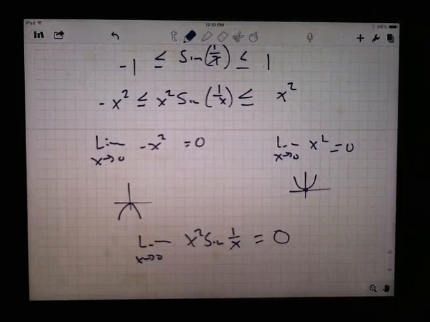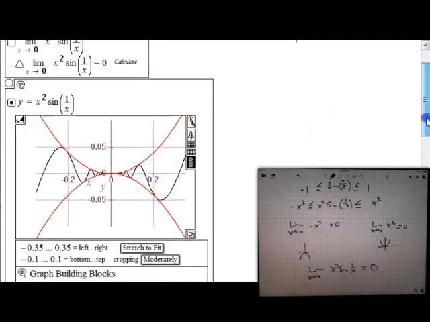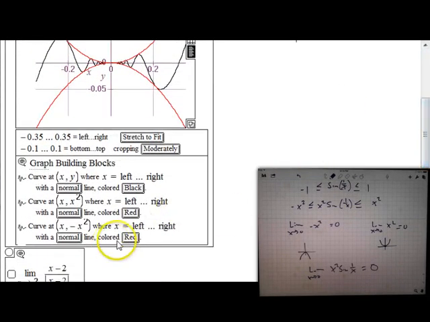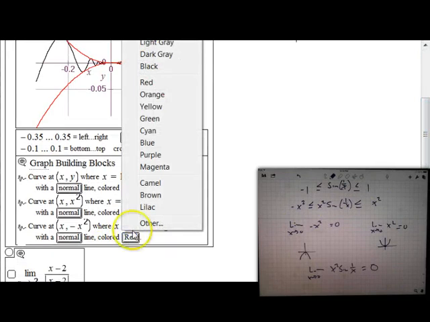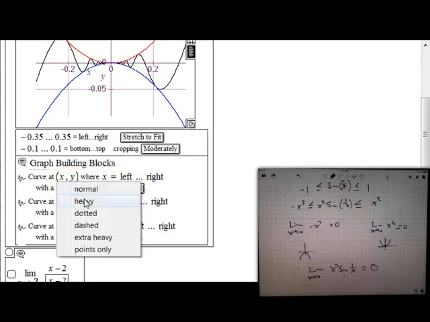Okay, now I want to take a look at a picture of this. When I ask Live Math to calculate this limit, it does give me a value of 0. Let me change one color here, let's change this to blue, and I want to make this black one thicker.